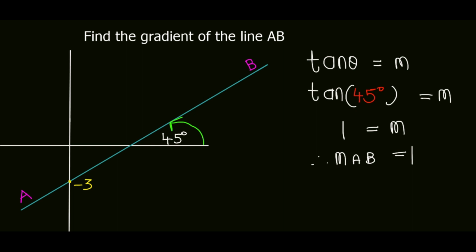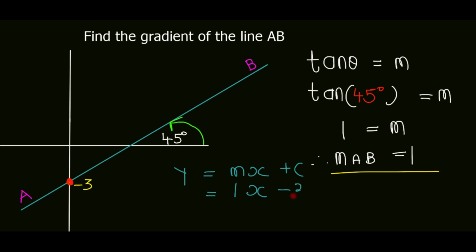And then let's say the question asks to find the equation. Because we have the gradient, and then we can look at this line AB, it has the y-intercept. Y-intercept, remember, is our point C. So from this equation, y is equal to mx plus c, we can easily substitute because the gradient is positive 1, and then our point C is negative 3.